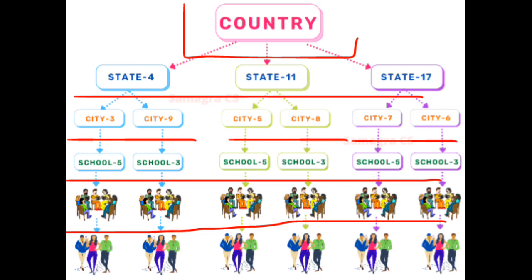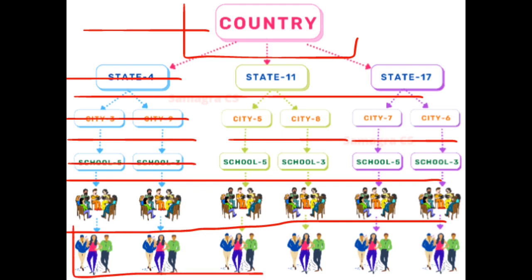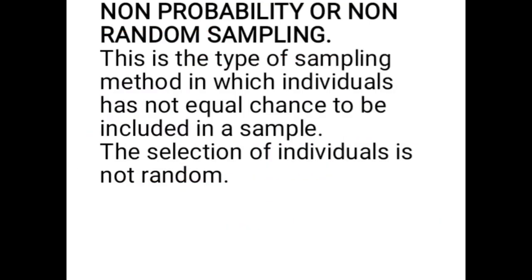Now you can see he moved from the country level to the state level, to the city level, to the school level, up to the required sample. That is what you call multi-stage sampling. Now that marked the end of probability or random sampling.